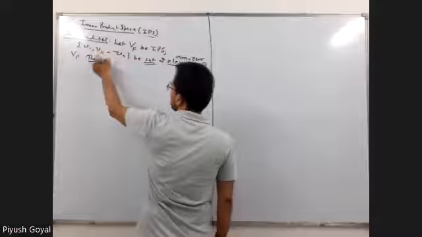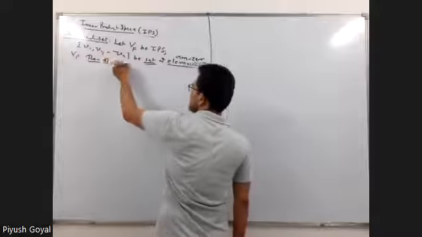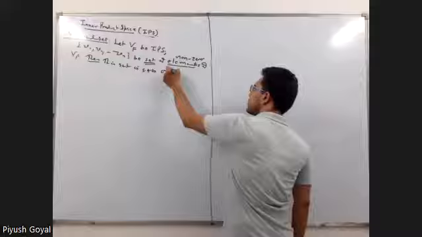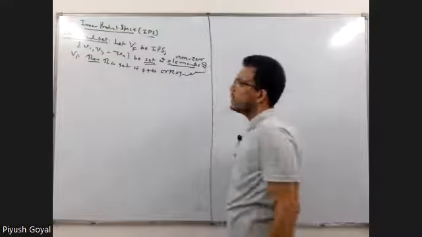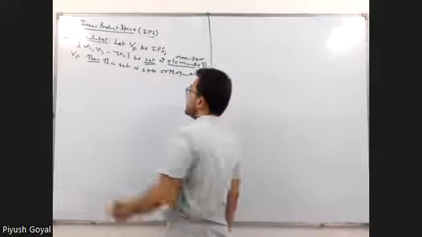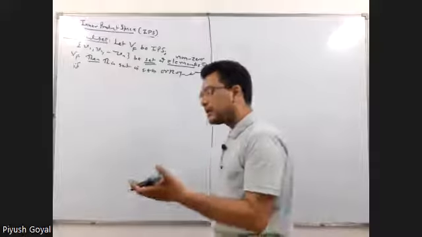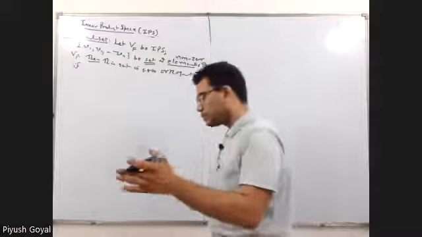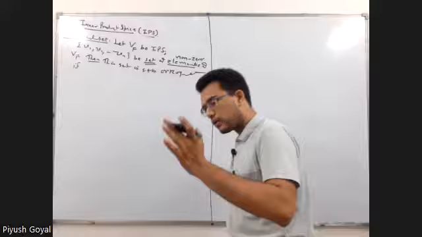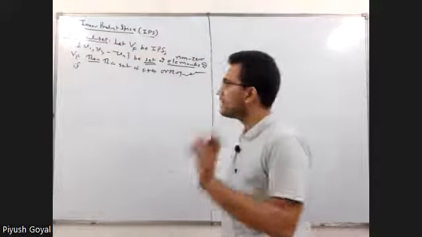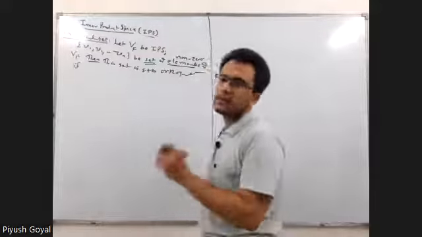Then this set is said to be orthogonal if v1 is orthogonal to v2, v3, and so on, all elements. v2 is orthogonal to every element, v3 is orthogonal to the rest of the elements.